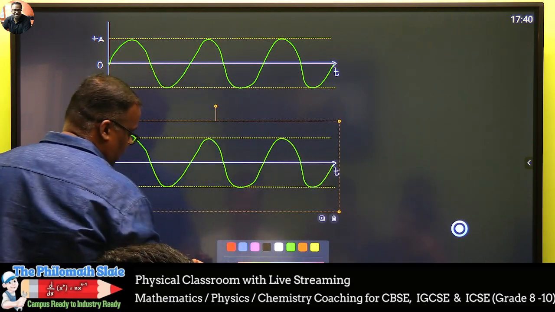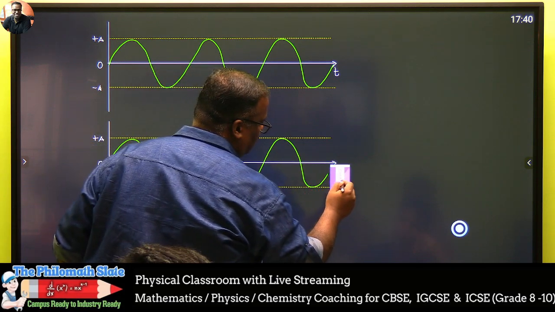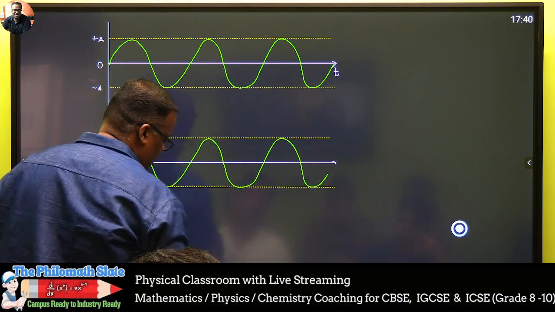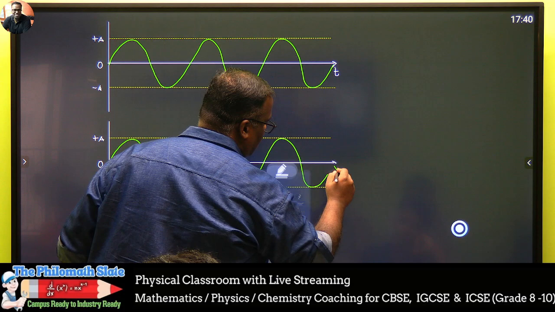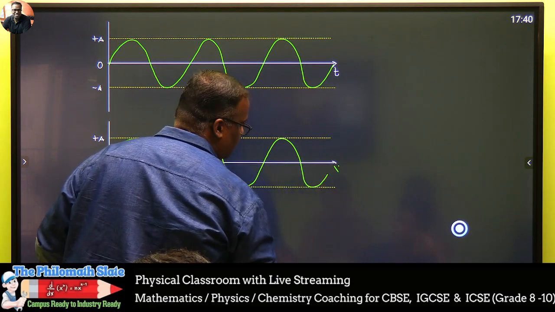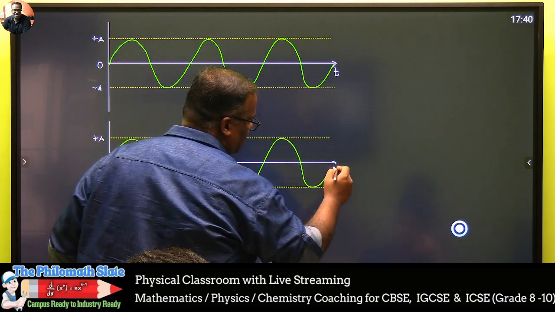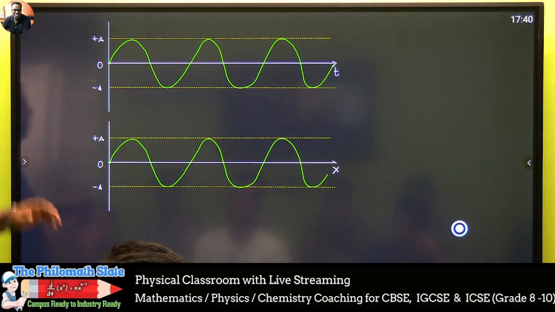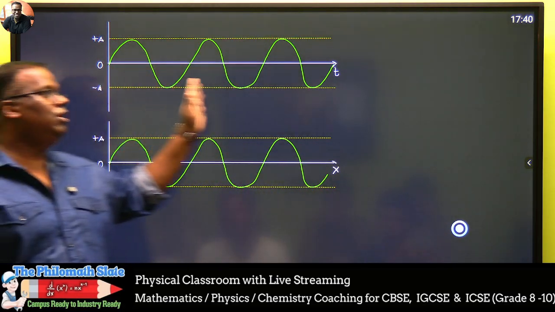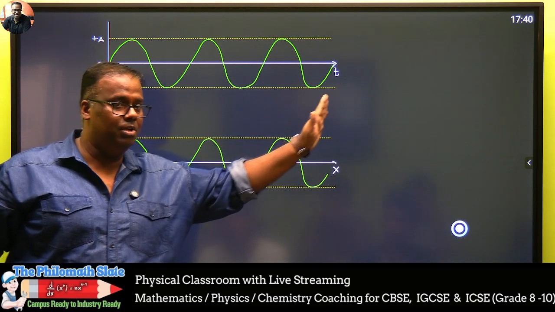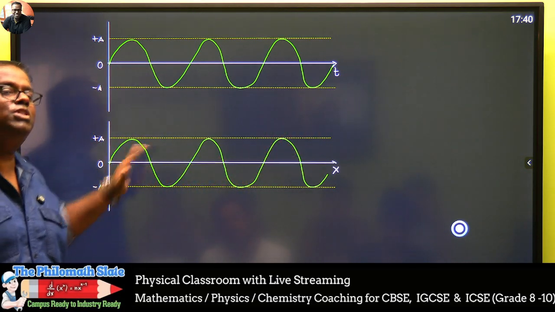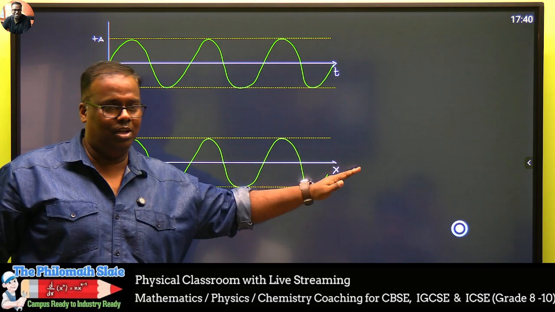Right. And here, instead of doing it in time, this particular one I am doing in displacement. Okay, the same wave. So this shows me how the wave is propagating with respect to time. This shows me how much distance the wave is traveling. Are we clear all about?